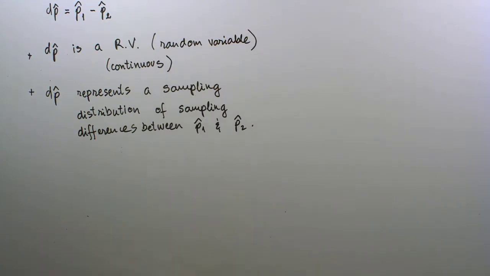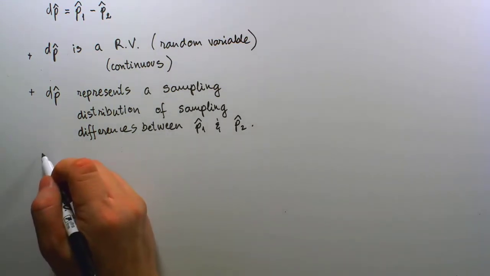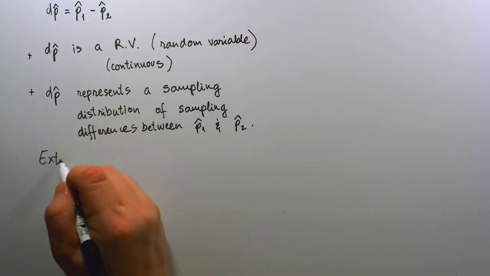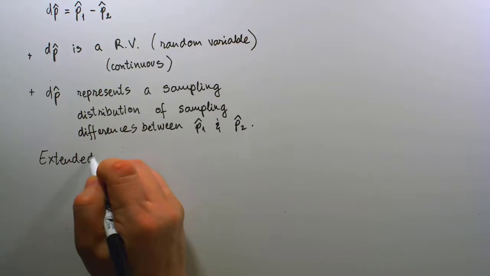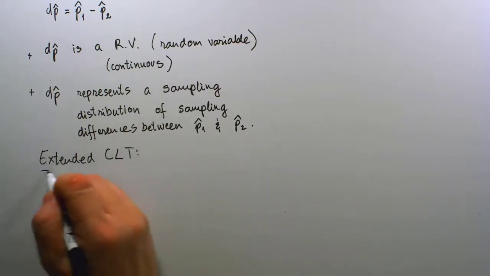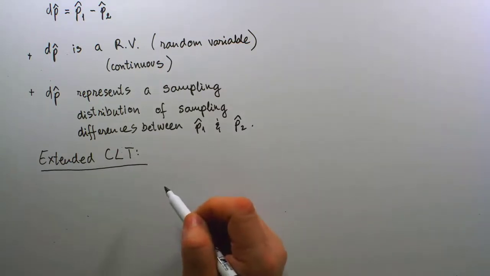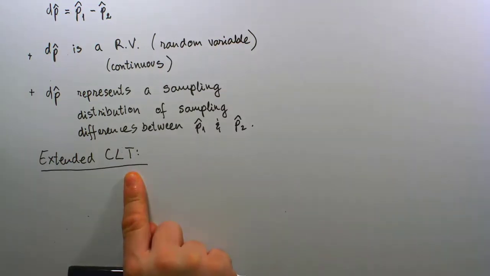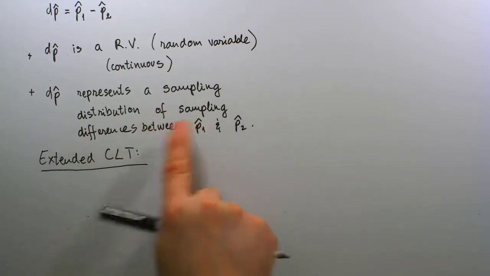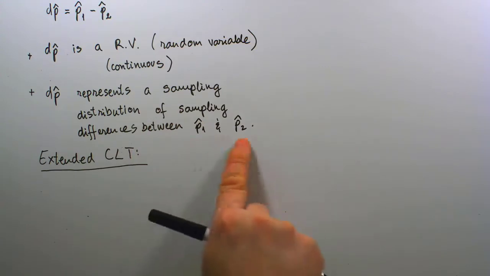now I informally introduce for anyone a so-called extended version of the central limit theorem. So the central limit theorem we have learned a little while back, prior to this video lesson, but now we extend the idea of the central limit theorem to the sampling distribution of all sampling differences between any two sample proportions from two different populations.